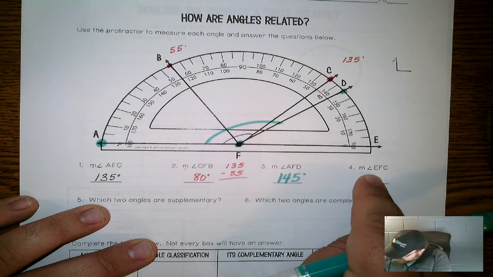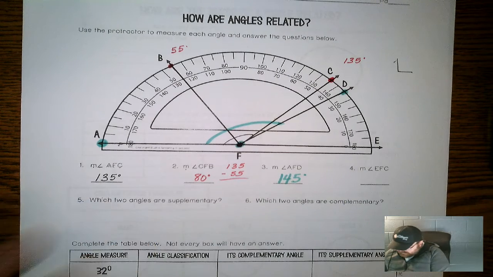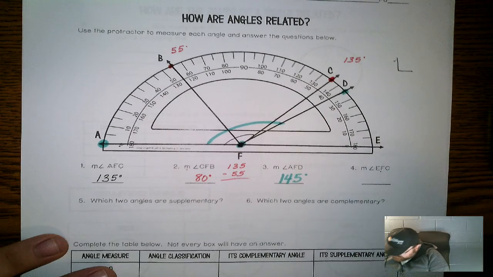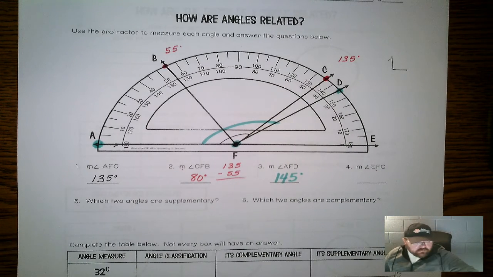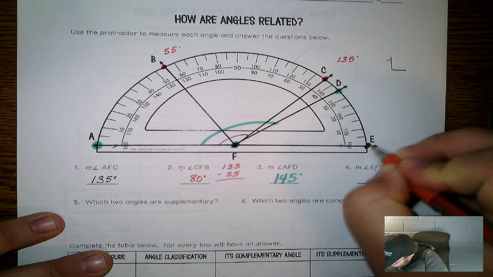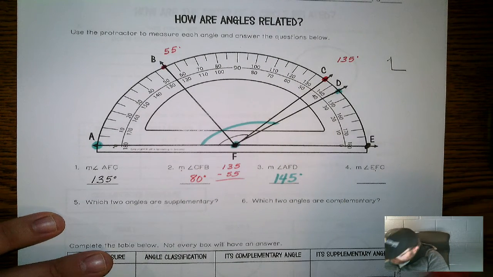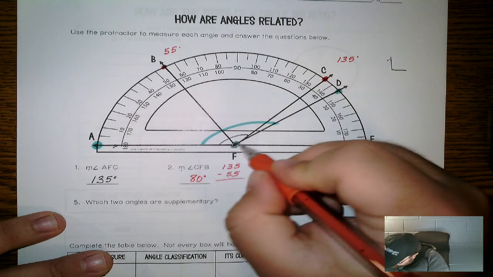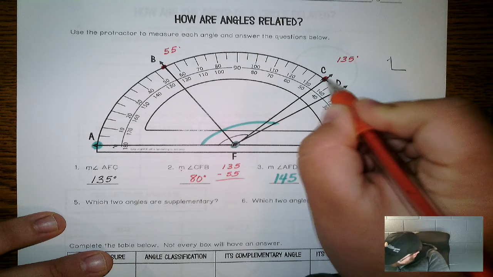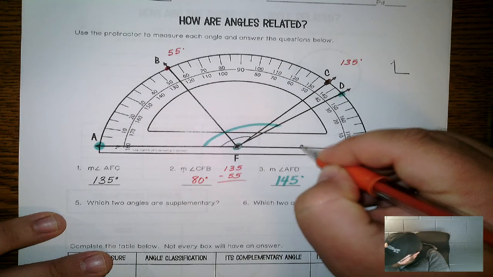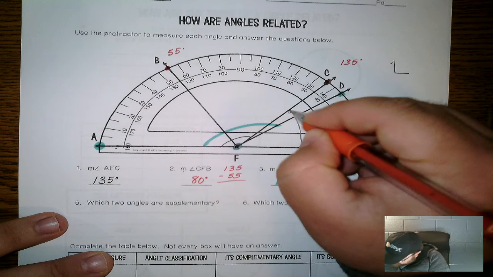Measure of angle EFC. So we have E, F, which is your vertex, C, which is here. Now remember, we're talking about from here, this ray, to this ray.